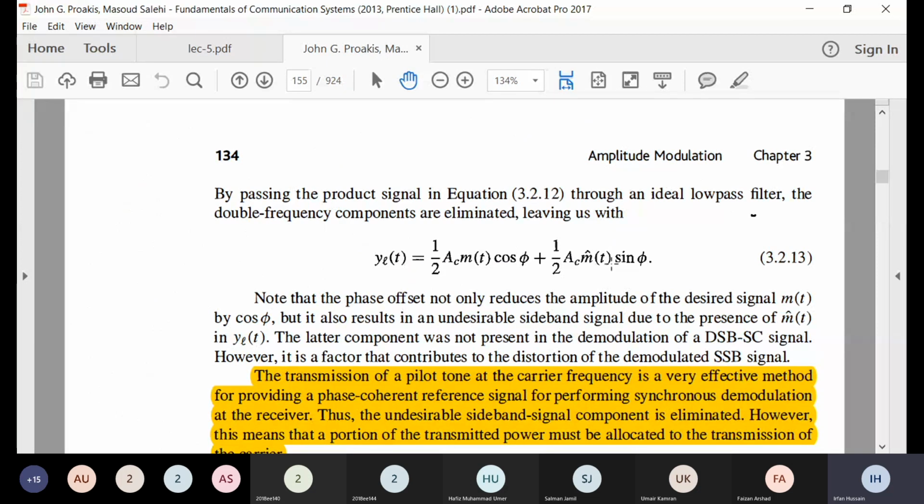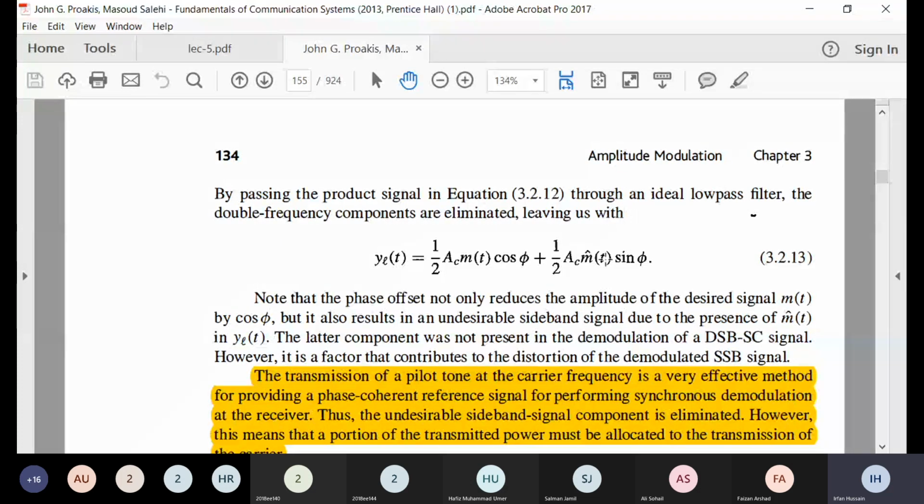Now here you can again see that this phi reduces the amplitude of the desired signal, and it also results in the presence of the Hilbert or the m hat of t signal, and hence you can see the overall signal is affected.